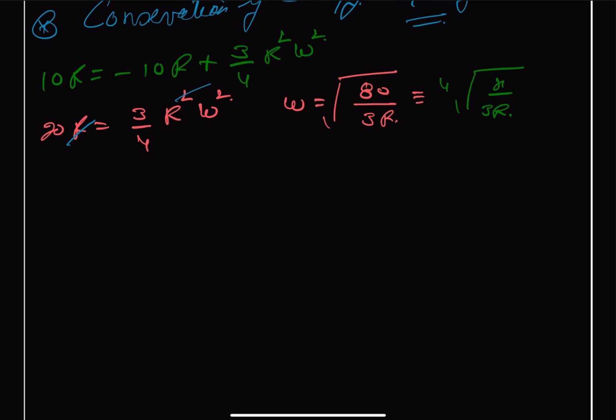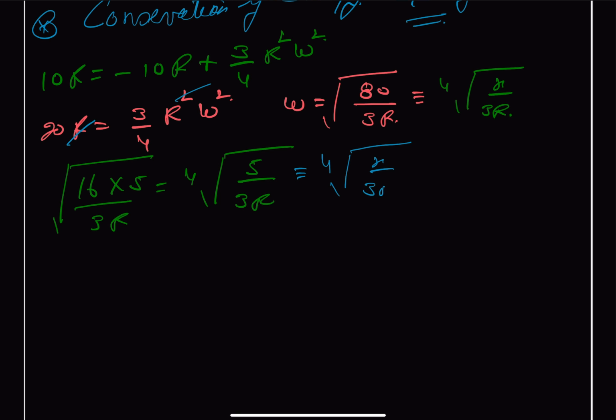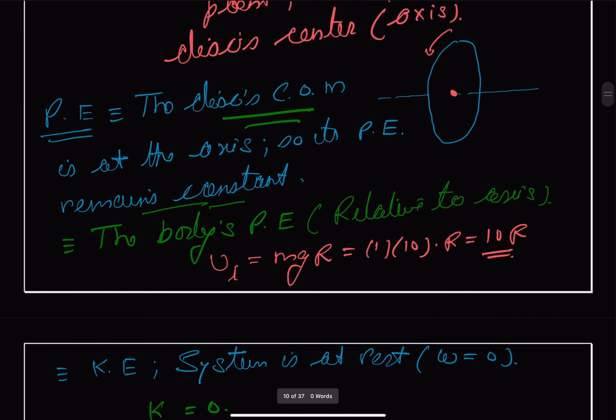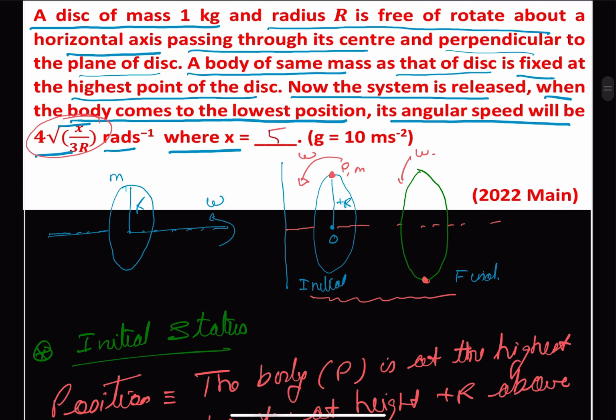We can write 80 as 16 multiplied by 5, so the square root of 80 over 3r can be written as 4 times the square root of 5 upon 3r, which is equal to the given expression with x upon 3r. So this comparison gives us that the value of x is equal to 5. So we have the value of x equal to 5.